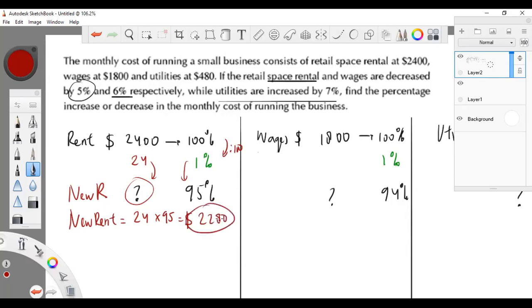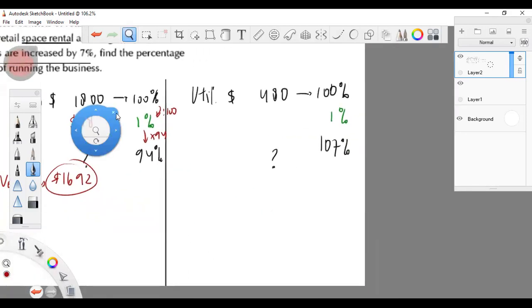Dollars 24 times 95 is equal to 2280. See, it's decreasing. Yeah, that's right. Then again, this also divide by 100, you will get $18, divide by 100 and multiply by 94. So the new wages will be 18 times 94, 1692. Then there you go, the other utility.